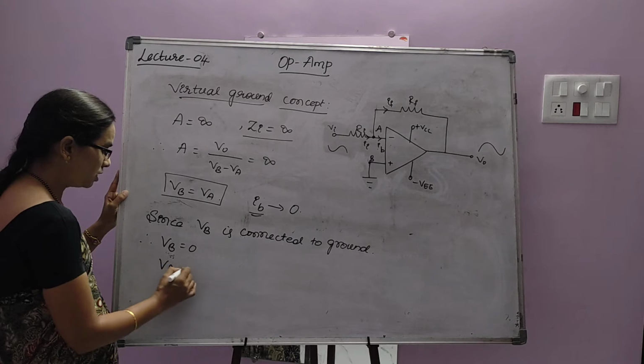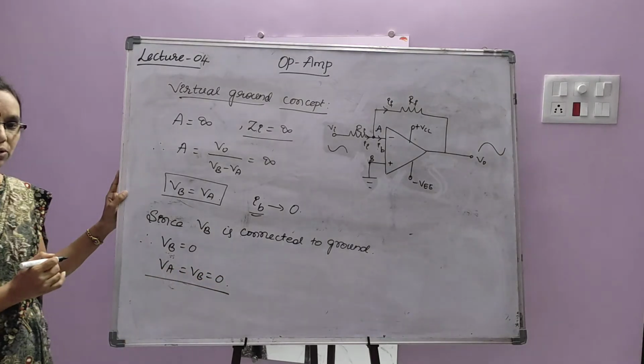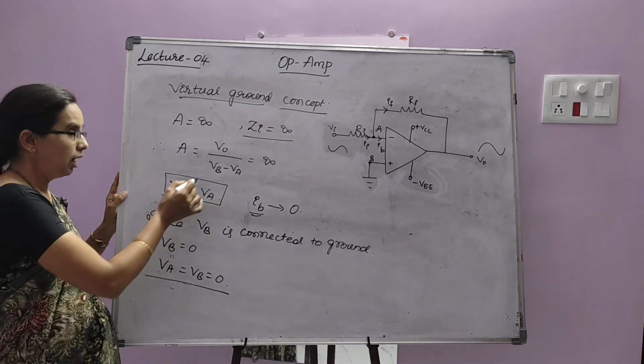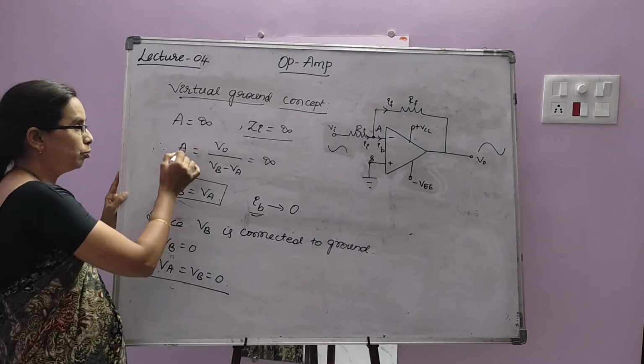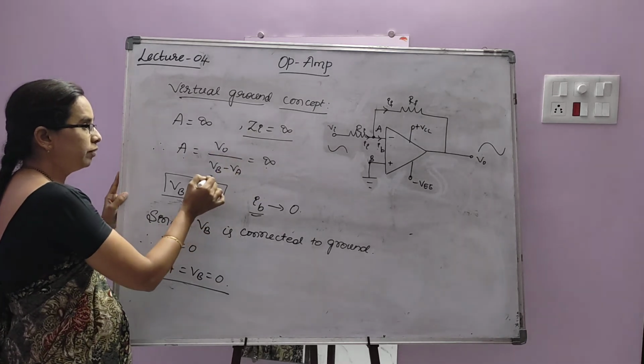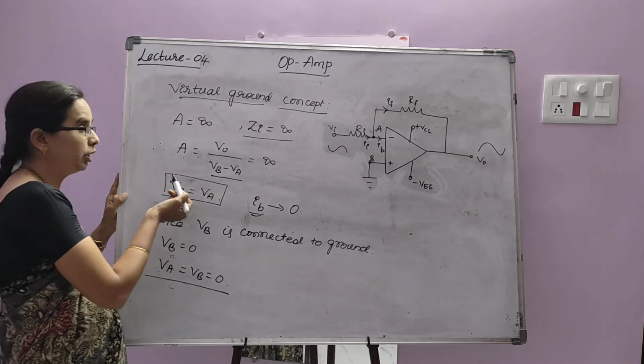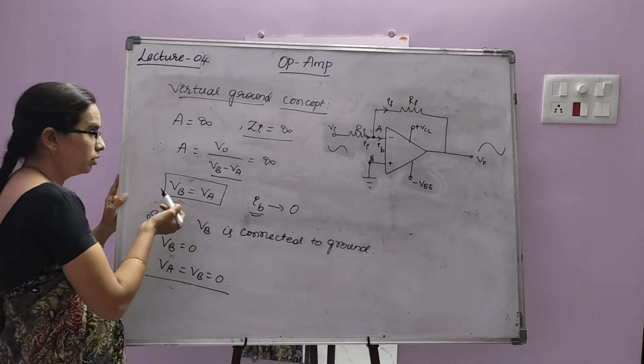Therefore, VA is equal to VB, also 0. According to the open loop gain of an op-amp being infinity, V0 divided by VB minus VA, the difference between the two inputs, is equal to infinity.